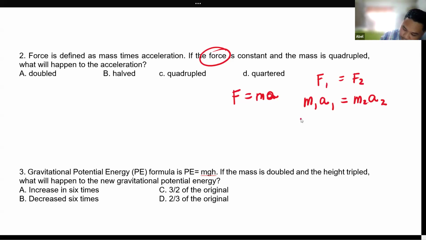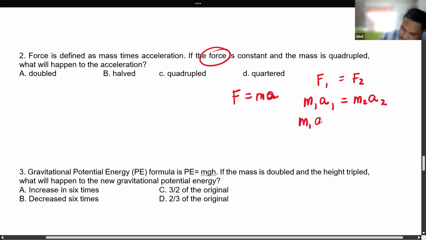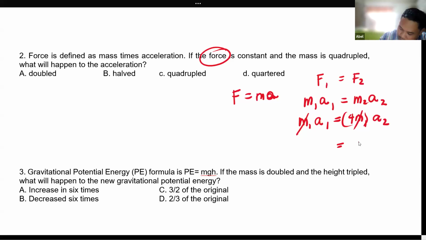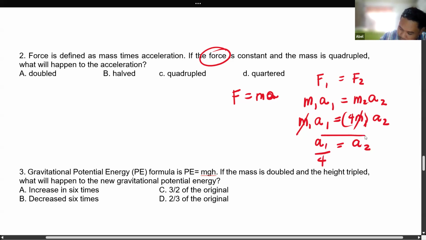So mass 1, and then A1, and then mass 2, which is quadrupled. So that would be 4 times the mass 1, and that would be A2. And then we could cancel out now the mass 1. Then therefore A2 is equals to A sub 1 over 4.